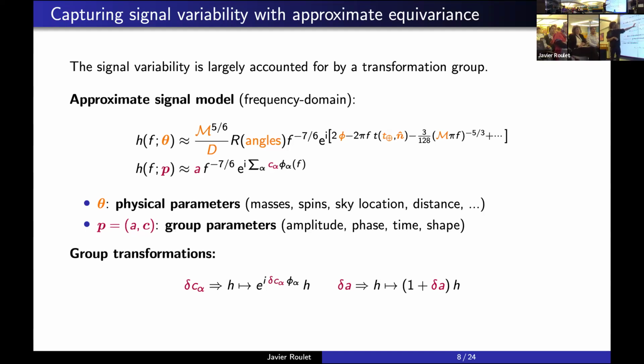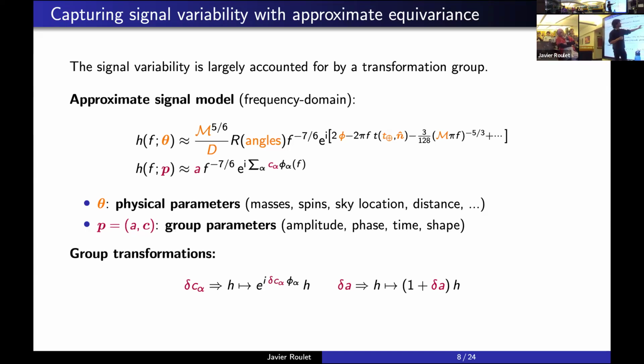It has some overall amplitude that depends on, first of all, how loud the signal intrinsically is, which is controlled mainly by the mass; how far away it is, which is controlled by the distance; and the response of the detector to that particular orientation. That's the amplitude. And then there is a phase term, and there is a constant phase, which is just the orbital phase of the binary.